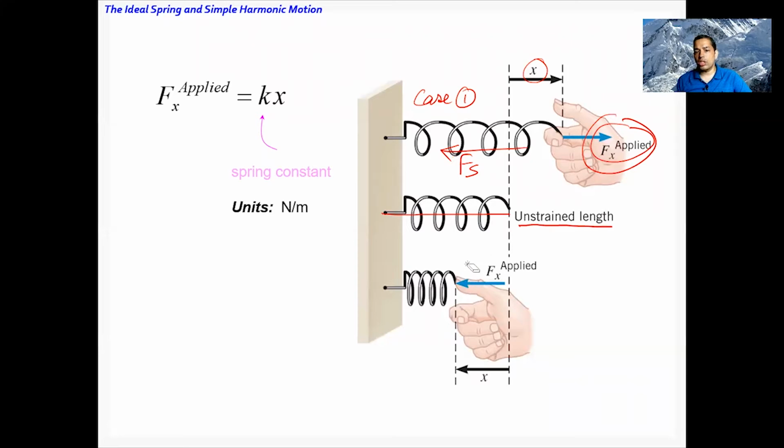In the same way, in case 2, if you compress the spring, then the applied force is this way, then the spring force will be this way. Okay, so if this is plus, this is minus, right?